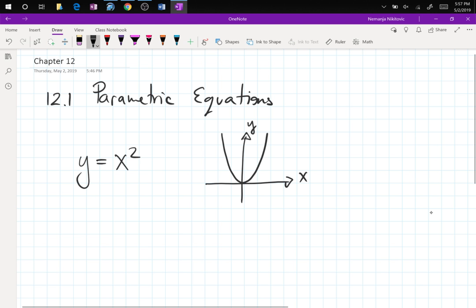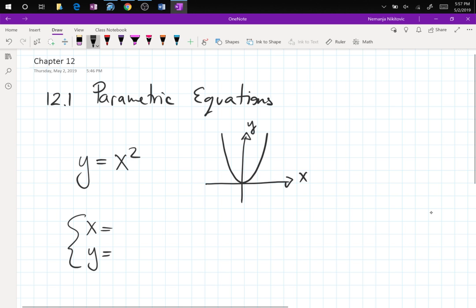So now what I'm going to do is create a set of parametric equations where I will have an equation for x and an equation for y, and as a set those two equations will represent y equals x squared as well. So it's a different representation of the same function.